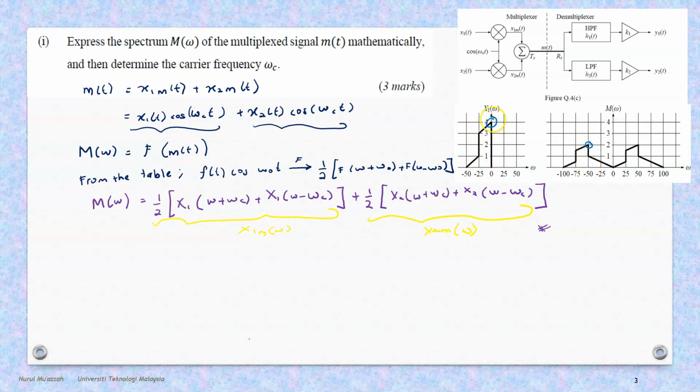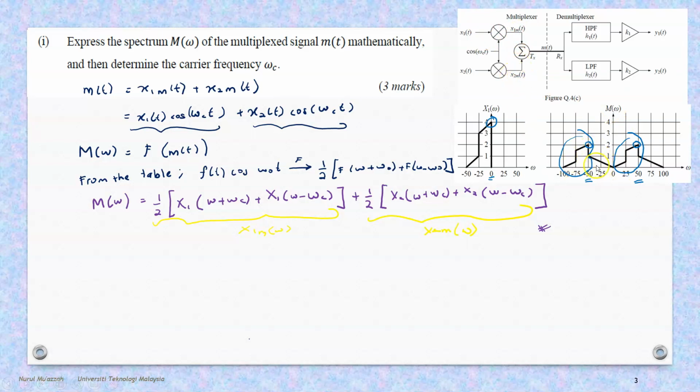The highest amplitude here is 4, which occurs at omega equal to 0. The highest amplitude here is 2, which occurs at negative 50 and 50. The original shape of X1 here is this part, because we have to remember that M(omega) is the summation of X1m and also X2m.